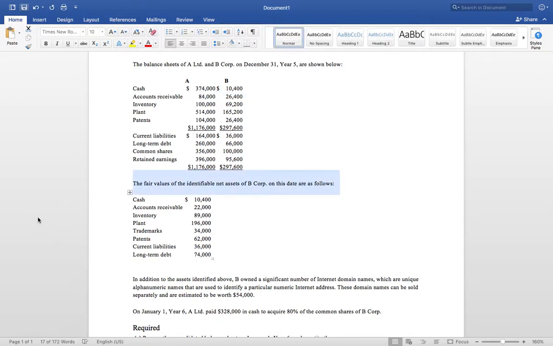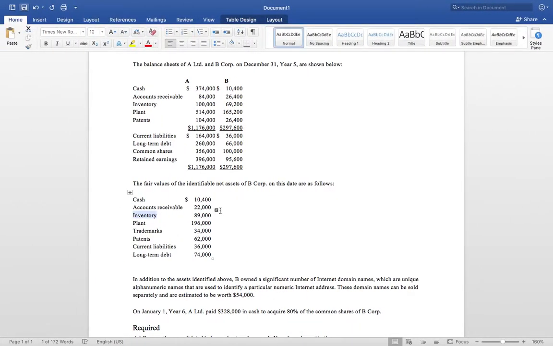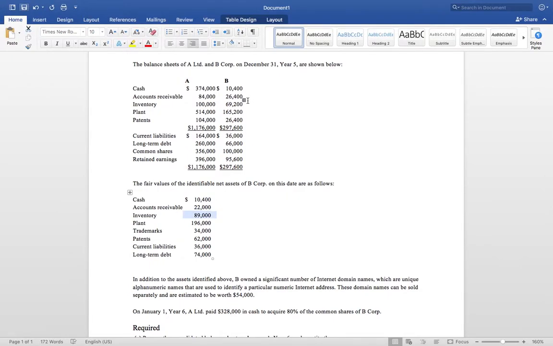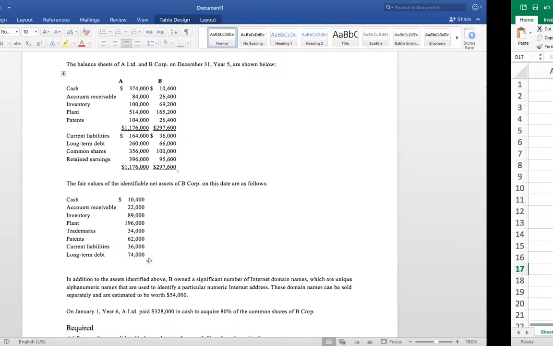Next is inventory. Their fair market value is 89,000, and their book value is 69,200.